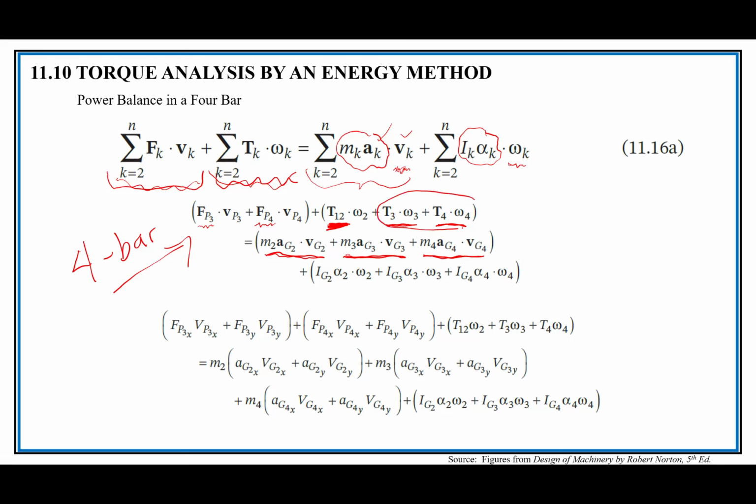These others right here don't show up a lot because it's kind of hard to have. I would say the T4 is probably the more likely thing you would have in a typical situation, because you could have some type of load on the output of the 4-bar. Like you could be driving something or whatever.